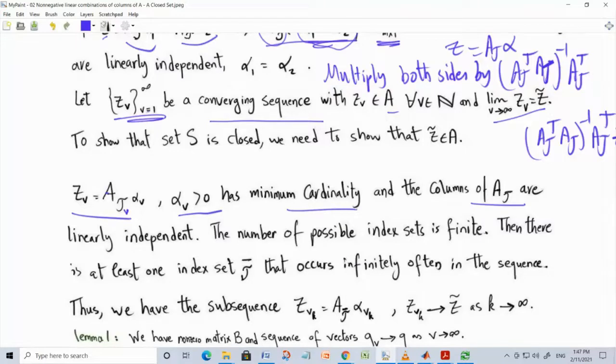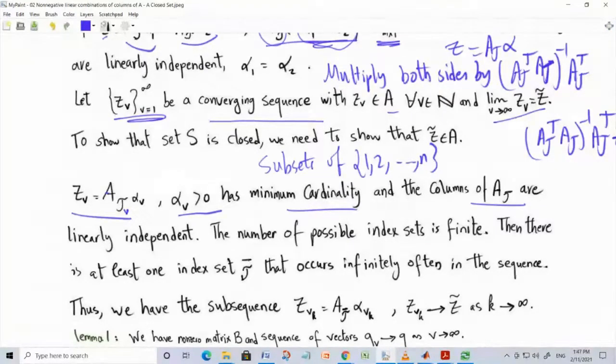However, having said so, you can always in this converging sequence obtain a subsequence in which the columns of A used are exactly the same. Why is this? Because the index sets are finite. If you choose columns from matrix A, you are talking about the subsets of the set 1, 2 up to n.